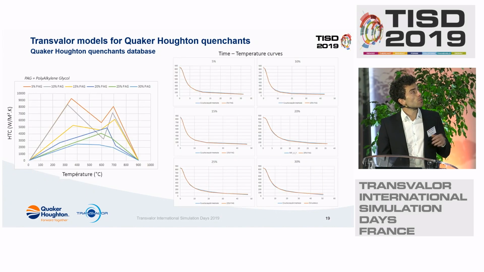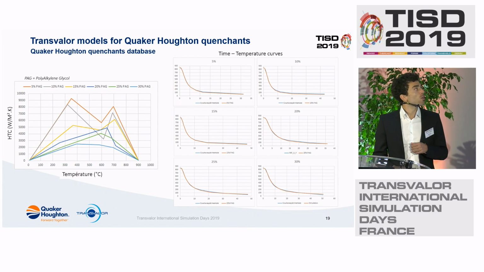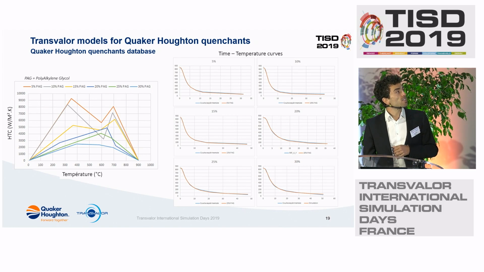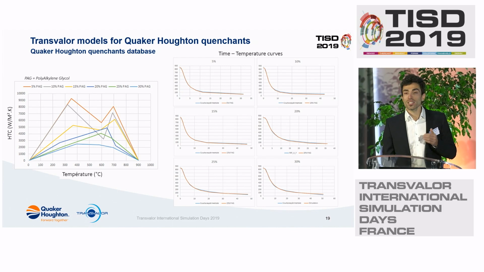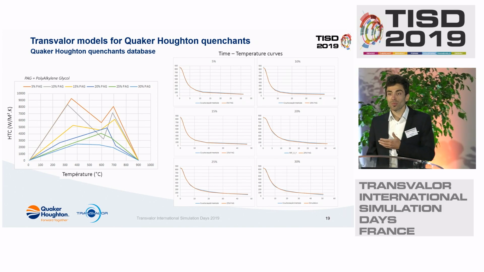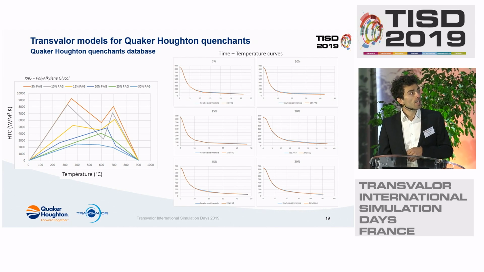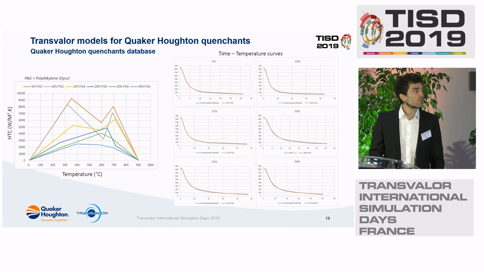So here an example, some heat transfer coefficient curves, here for polyalkylene glycol polymer solution. And you can see here that the higher the concentration, the lower will be the heat transfer coefficient curve. So it has some links to what Mickaël said before, of course. And as you can see, each time we had a good fit between simulation results and experimental data.